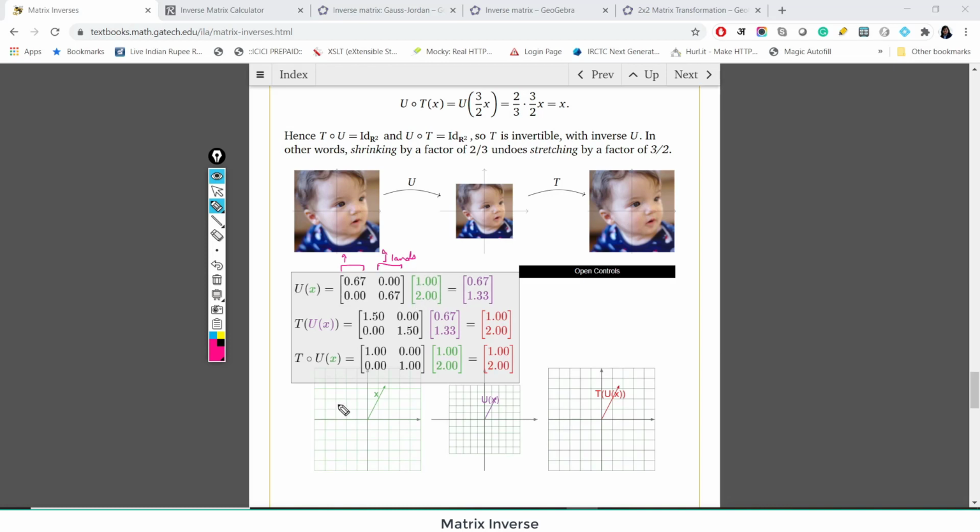Suppose we are talking about the vector 1, 2, and where it lands after applying the particular linear transformation. And the matrix corresponding to this linear transformation T is this matrix. So suppose we are applying this matrix now on the transformed vector, meaning U of x here, which is this value, we are getting 1 and 2, which is the coordinate which we were having earlier too, right?